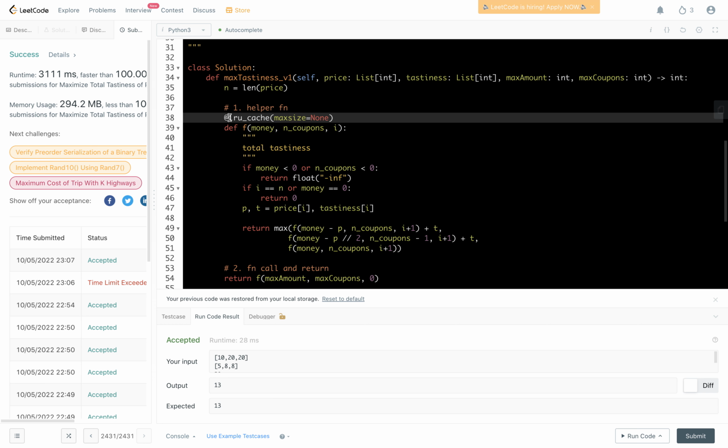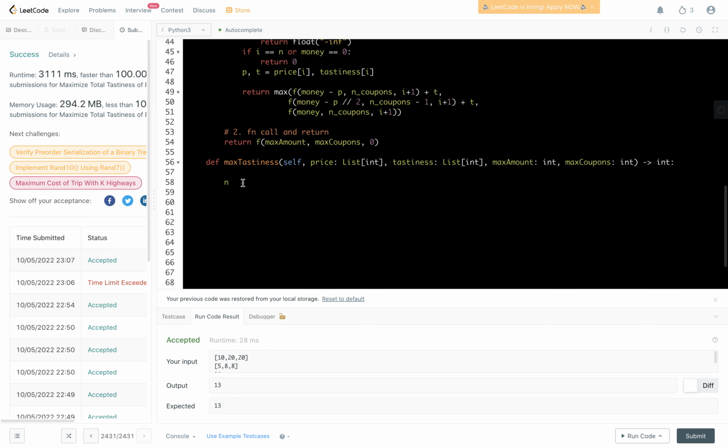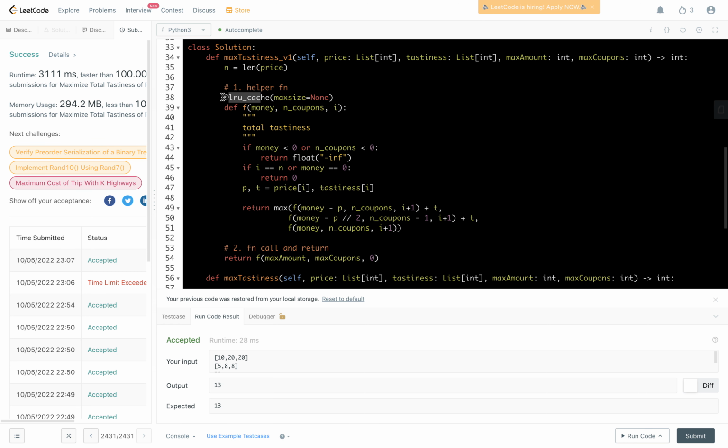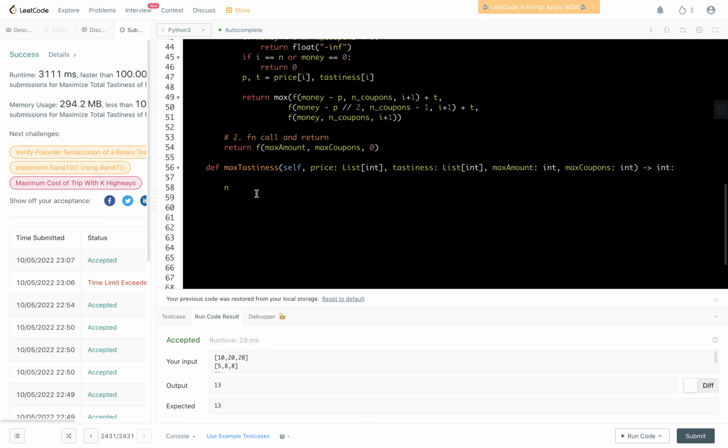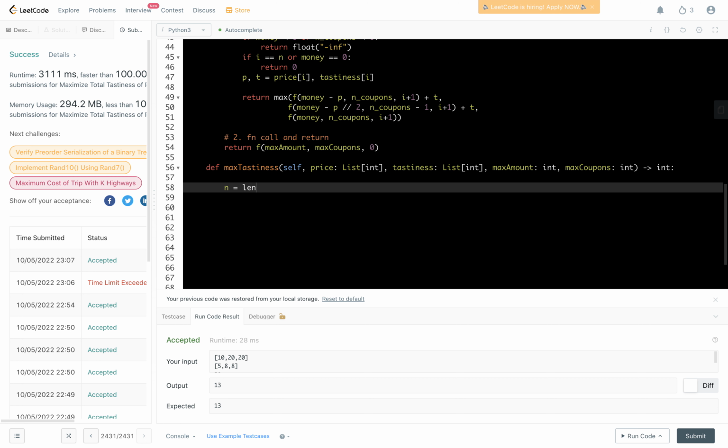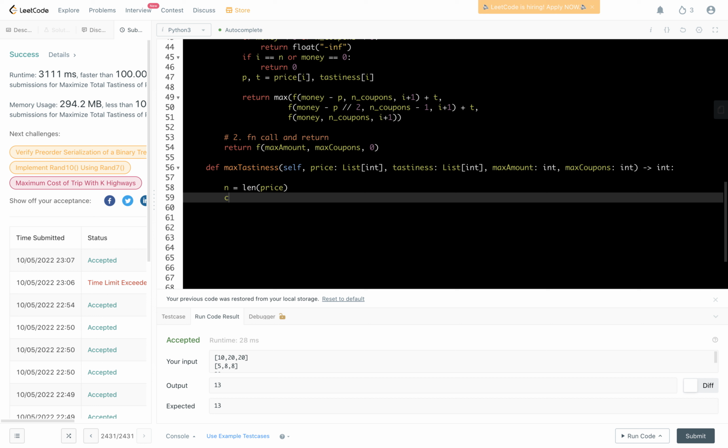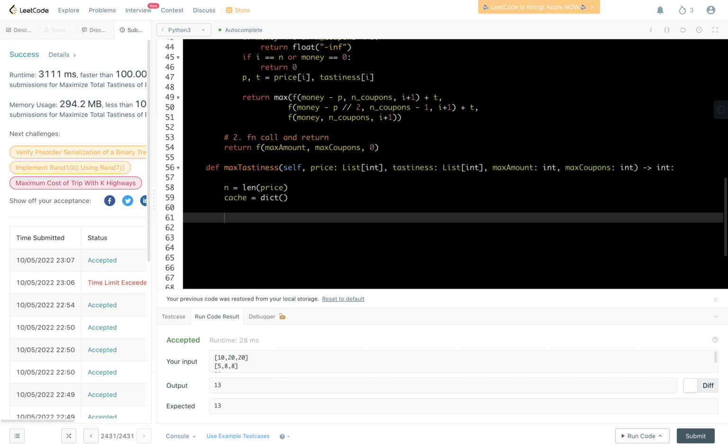The second format is essentially the same as the first one, but we do not explicitly use the cache decorator, to be more precise. Here, let's write n to be the length of the price. This is the information we want to get first, and then we're going to introduce a dictionary to store all the information, the cache.